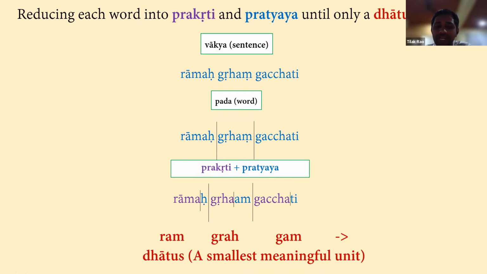Ram remains, Grah remains, Gam. So Ram, Grah, Gam are the three dhatus. By adding pratyayas at different levels, we get three words, Ramaha, Graham, Gacchati. And when they are connected with each other, we get a sentence. This is how sentences are formed in Sanskrit.